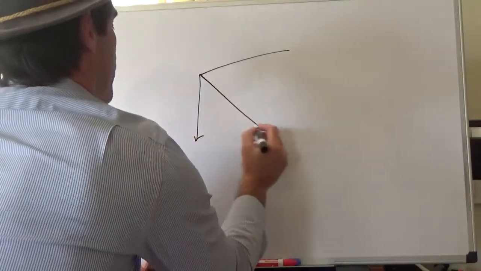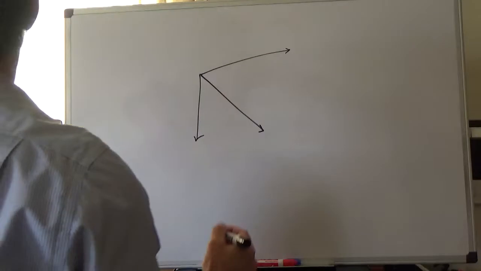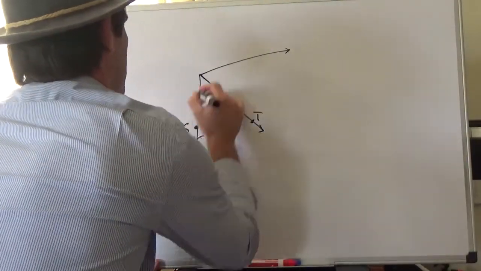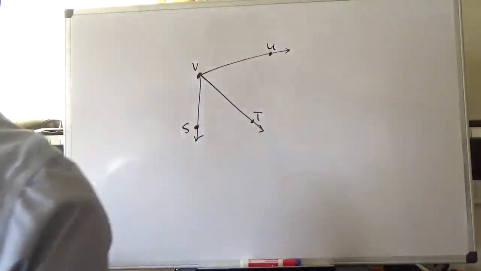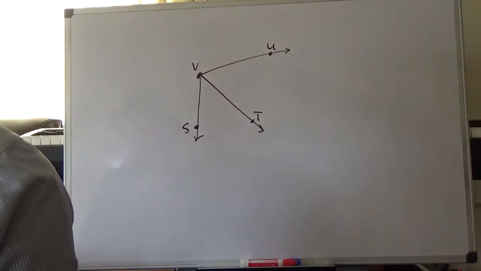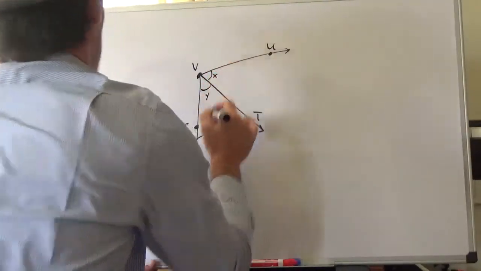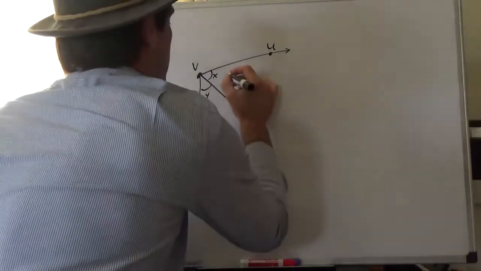I'm drawing this upside down, I guess we'll call it. SVUT, and we'll use X and Y. Lowercase x is 70 degrees.